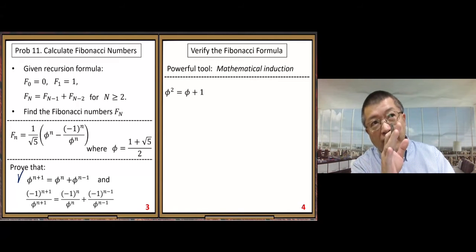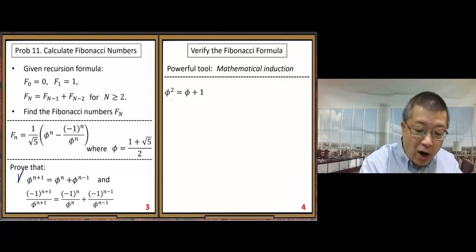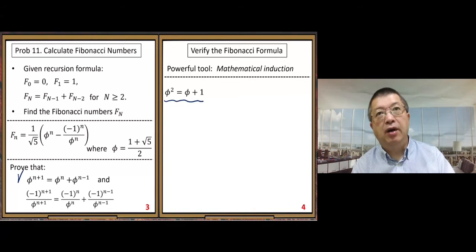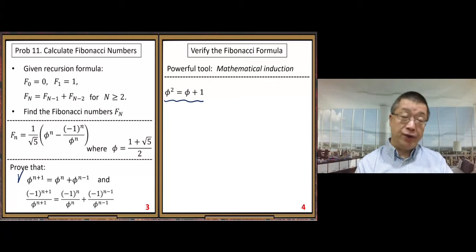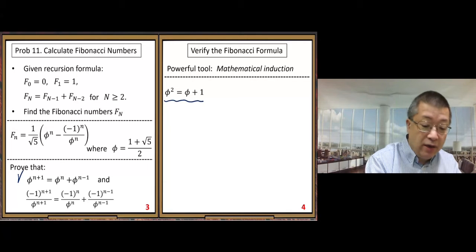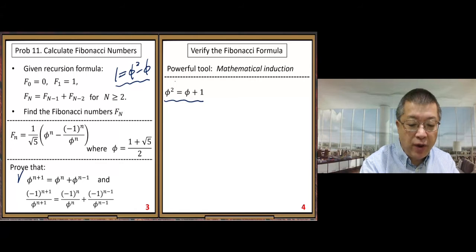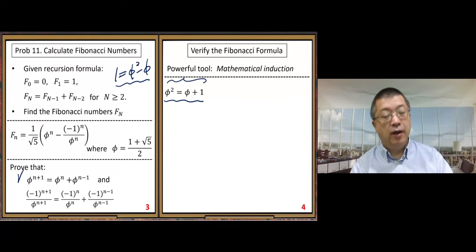When we work on the polynomial part, let us start with our second property of golden ratio. Golden ratio has two properties, right? The first property, 1 equals phi squared minus phi. The second property, phi squared equals phi plus 1. So we start with the second property.